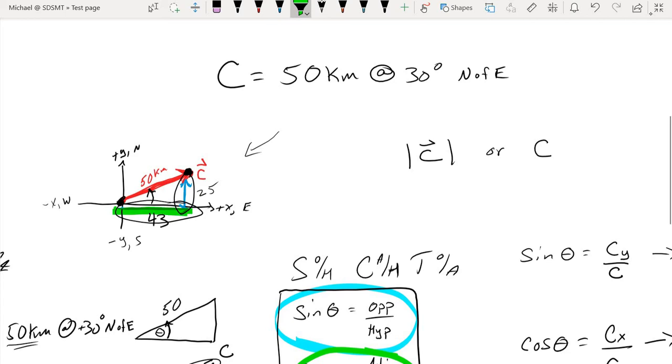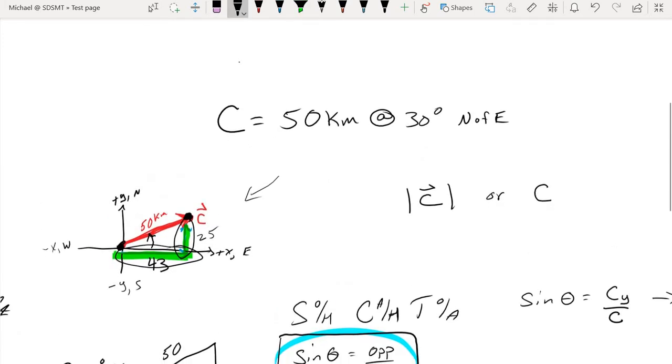We now have information about exactly how far to the east and how far to the north vector C will take us. And so we can describe vector C using those components. We have this combination of the x and y components of vector C, and when we put them together, we get from the same initial starting point to the same ending point.